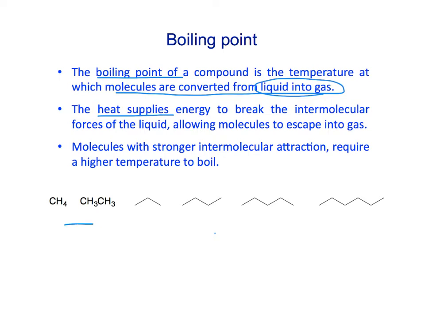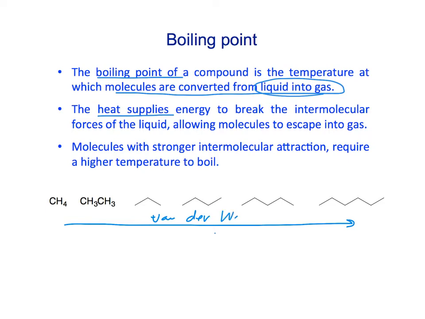If we go from left to right, what type of intermolecular forces do we think would cause changes in boiling point? Well, these molecules are all very nonpolar, so the only thing that will really change are the van der Waals interactions.